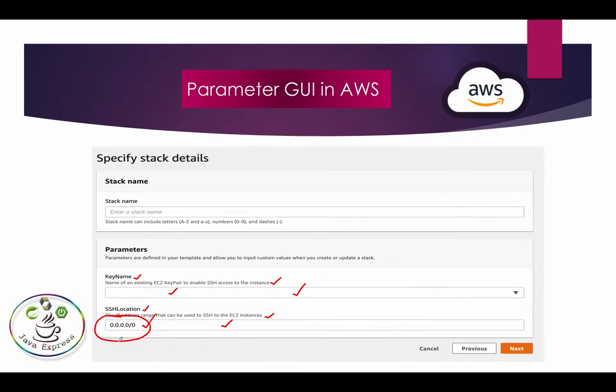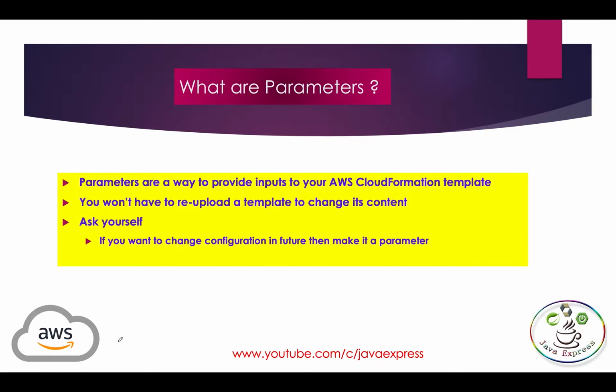Now I will show you how to create the template in your own way. So what are parameters? Parameters are a way to provide inputs to your CloudFormation template. What is the advantage? You won't have to re-upload a template to change its content in future if you want to change something.